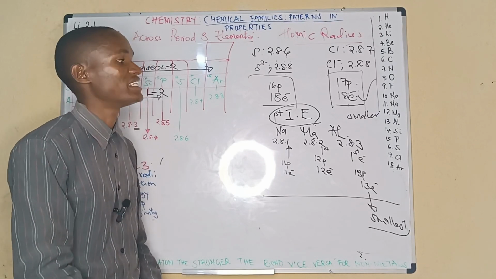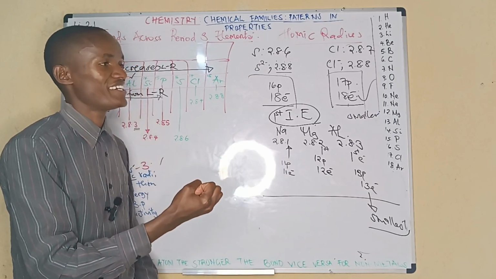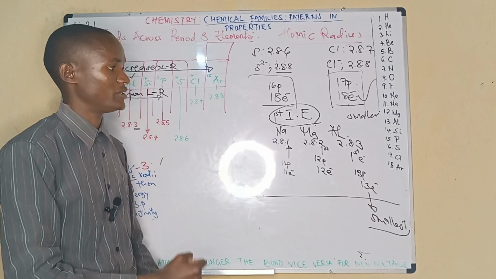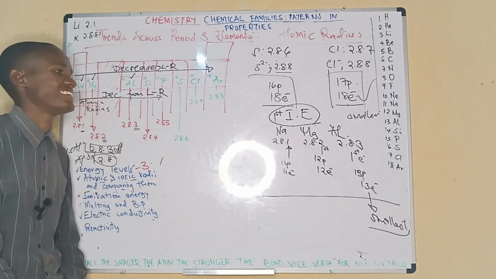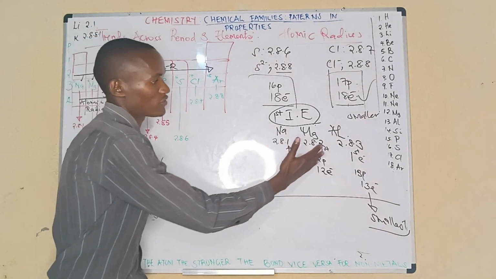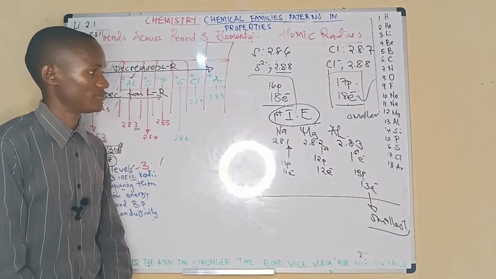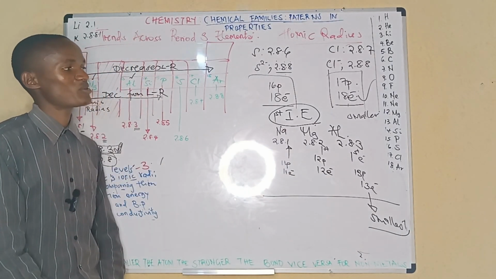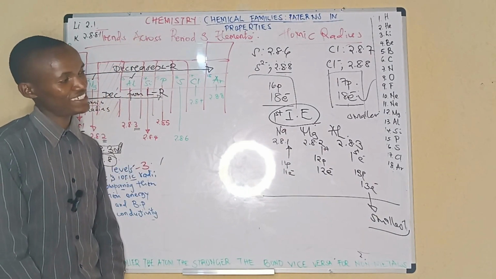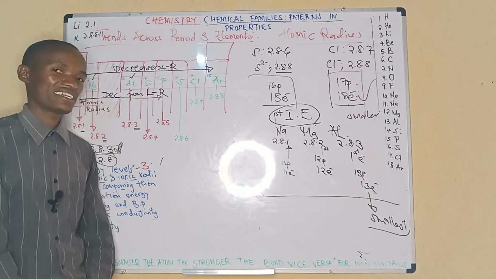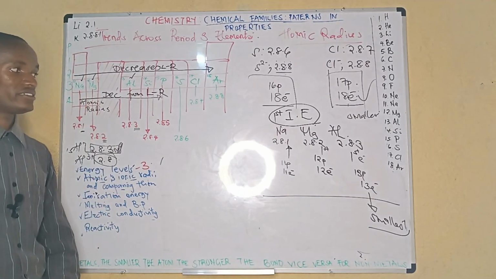Now, since it is smaller and pulling the electrons closer, if you want to take one electron away from aluminium, what do you expect? It won't be that easy.